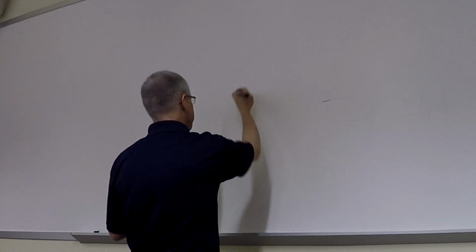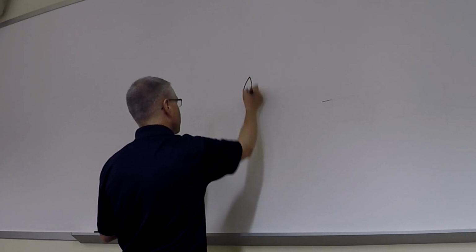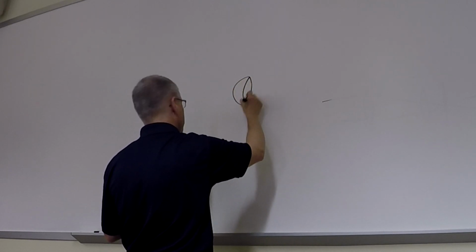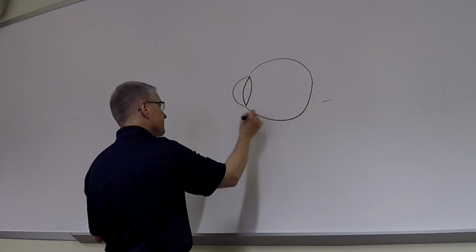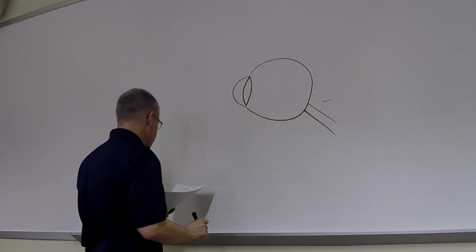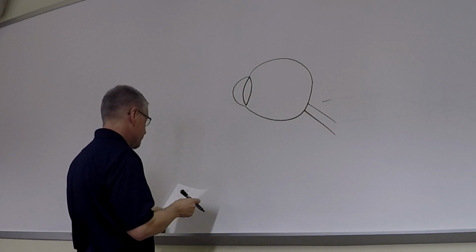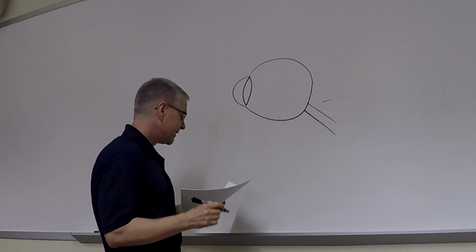Okay, let me draw a little sketch here and let's see what you guys learned in biology. Let's try it just with that. So that's supposed to be an eye, by the way.